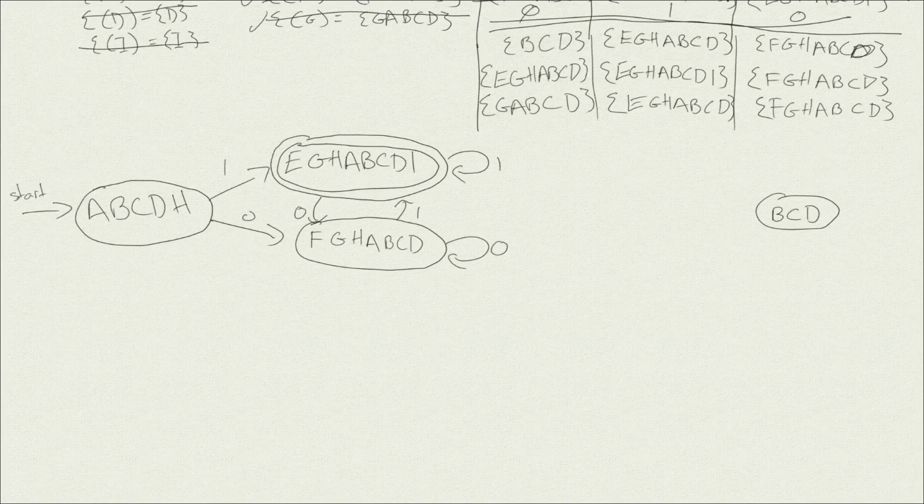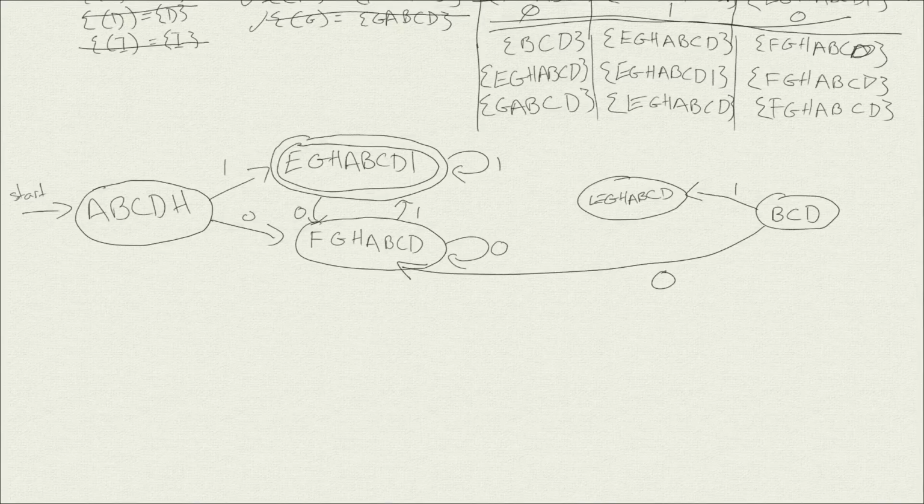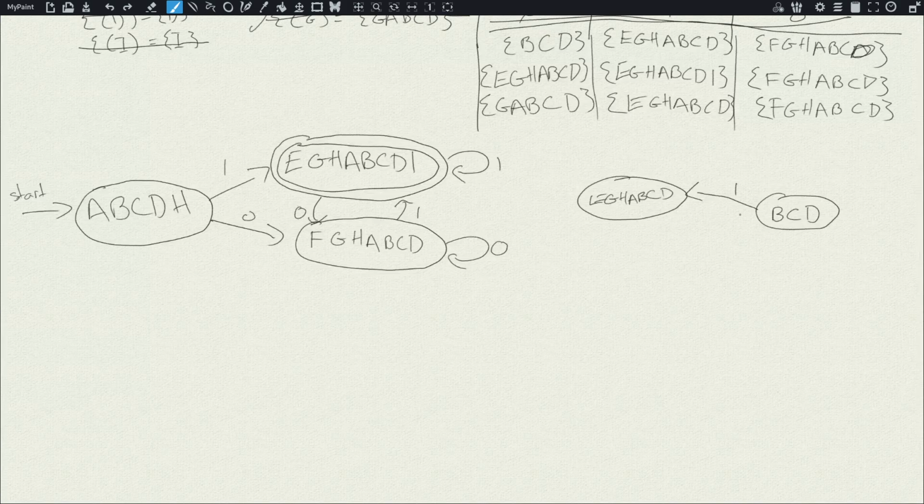So it goes to E, G, H, A, B, C, D. Well, that differs from E, G, H, A, B, C, D, I. So with 1, it goes to E, G, H, A, B, C, D. And then with 0, it goes to F, G, H, A, B, C, D. F, G, H, A, B, C, D goes here with 0. I'm just going to put the 0 above to be consistent.